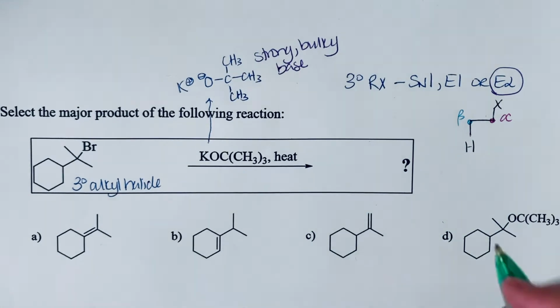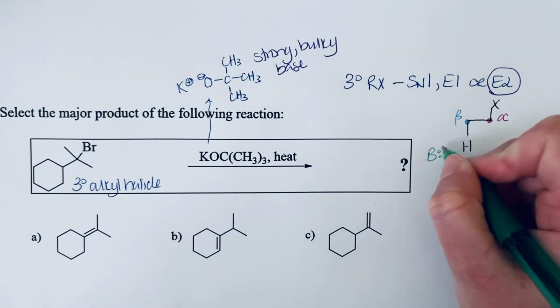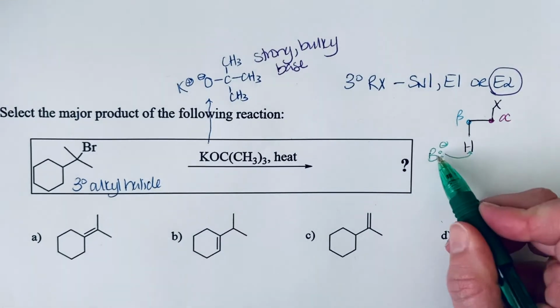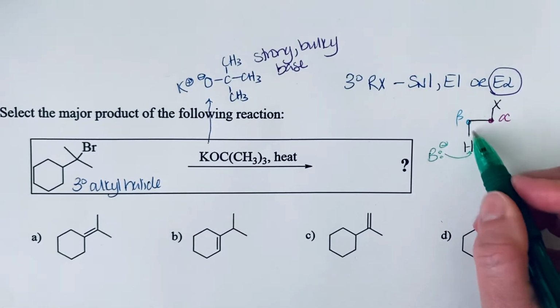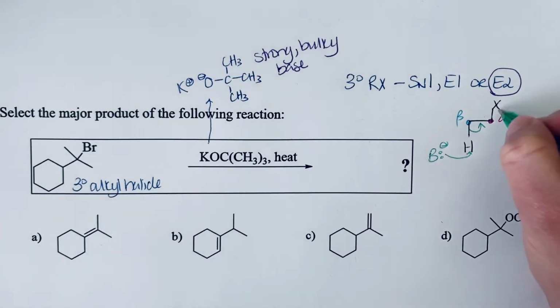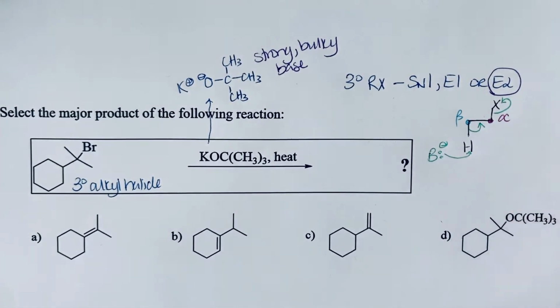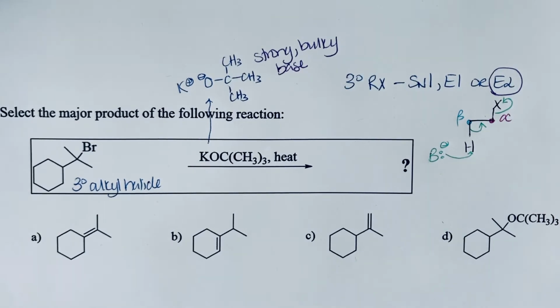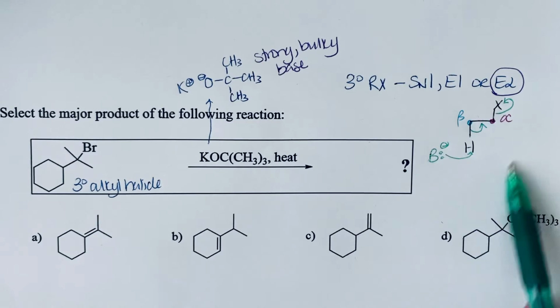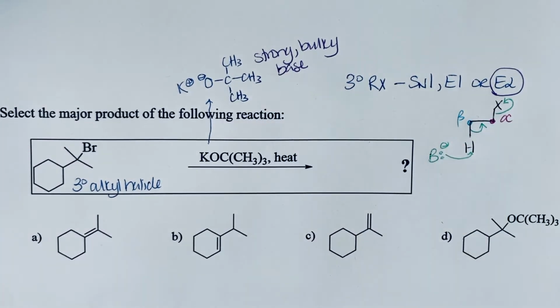Then your base, we'll just use a generic B-, would abstract that hydrogen. We're forming a bond between the base and the hydrogen. From the carbon-hydrogen bond, those electrons collapse in to form the pi bond, and then we break the bond to the leaving group. That has to take place all in one step. That also means it's going to get a little bit crowded, and that's where the bulky base comes into play.